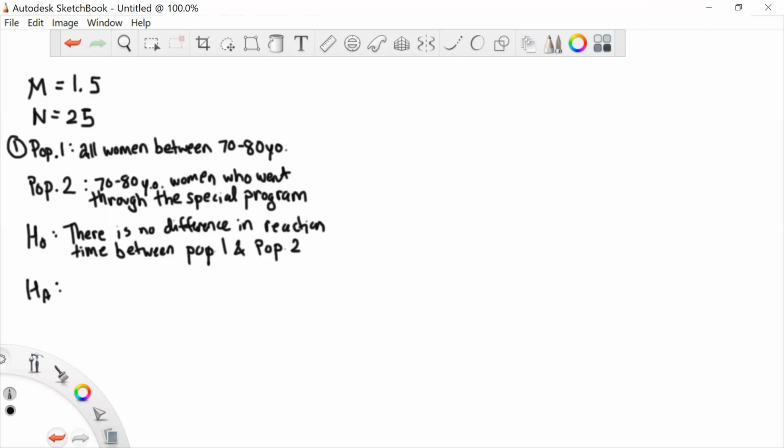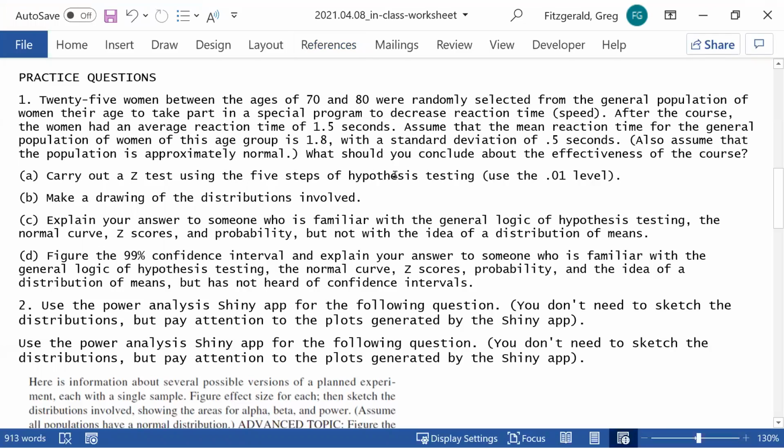I'll go back to the text of the problem briefly. So based on how the problem is framed in the question, what should our alternative hypothesis be? Jen? Women who underwent a special program will decrease their reaction time.